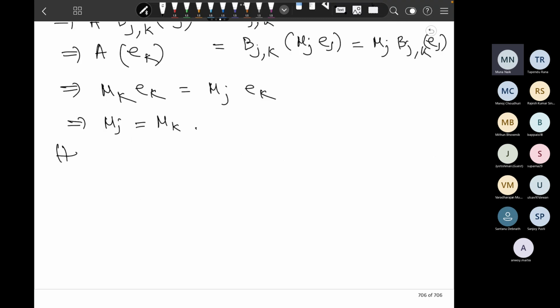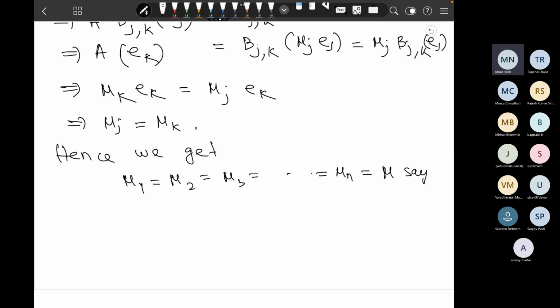Hence, since you can vary J and K, you get mu1 is equal to mu2 is equal to mu3, and so on up to mu n. Say mu. Okay. Hence A is equal to mu I for some mu belonging to C, and after that there is nothing.